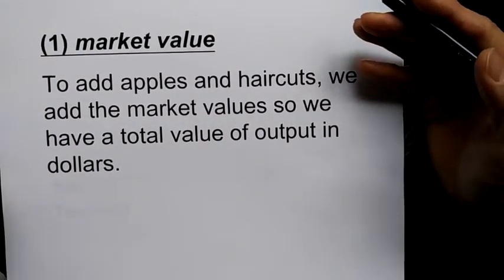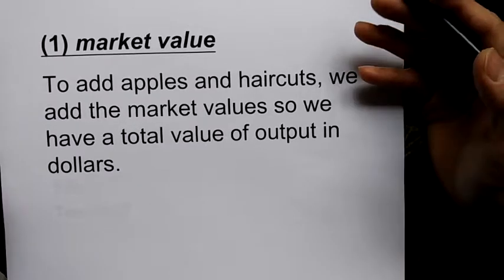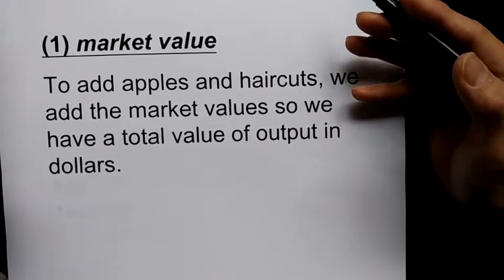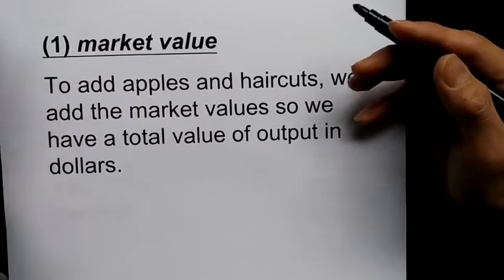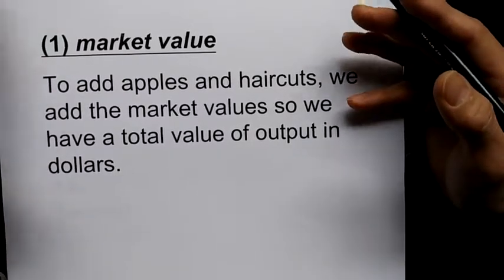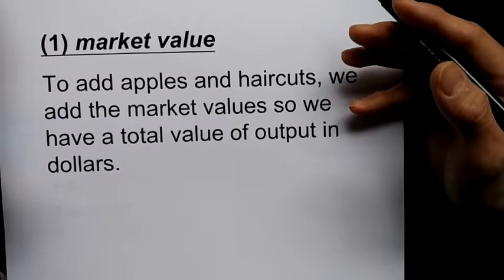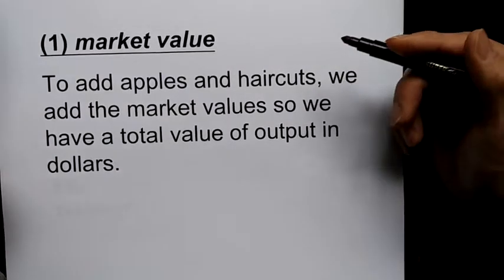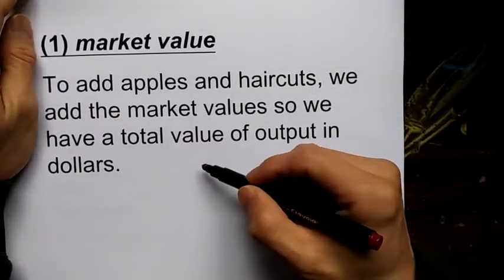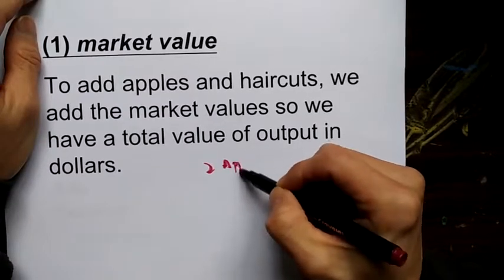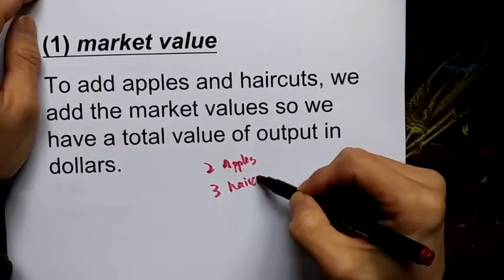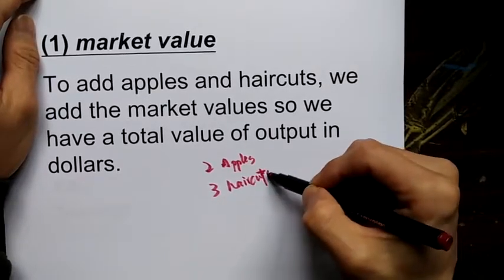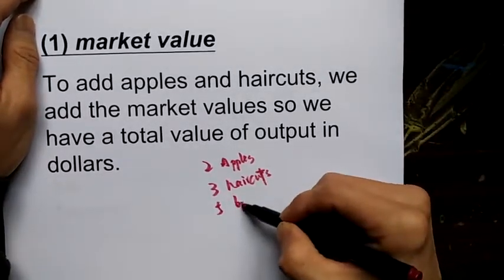Then what is the unit we can use? The answer is the value, the dollar value of the books, the apples, the haircuts. Therefore, we can add them up. Say, for example, we have 2 apples, 3 haircuts, and 5 books.